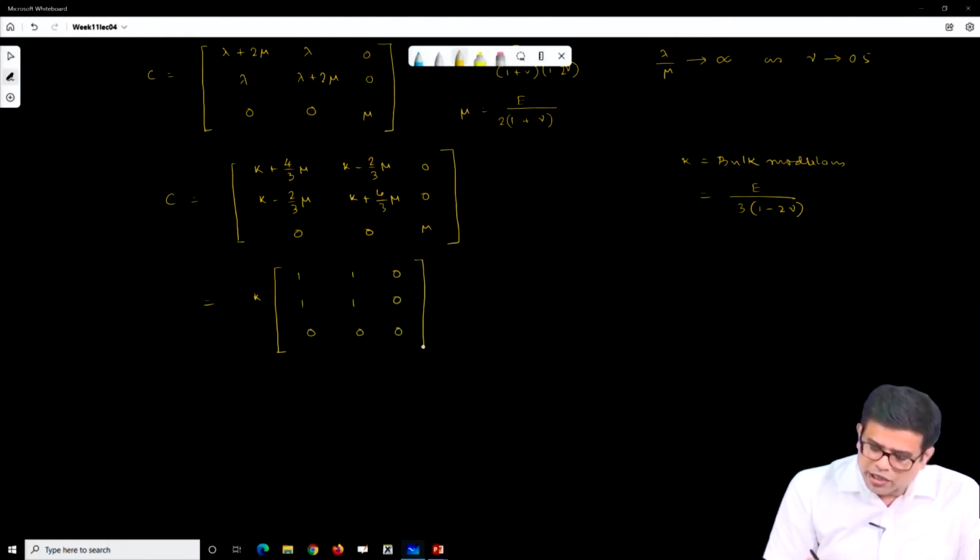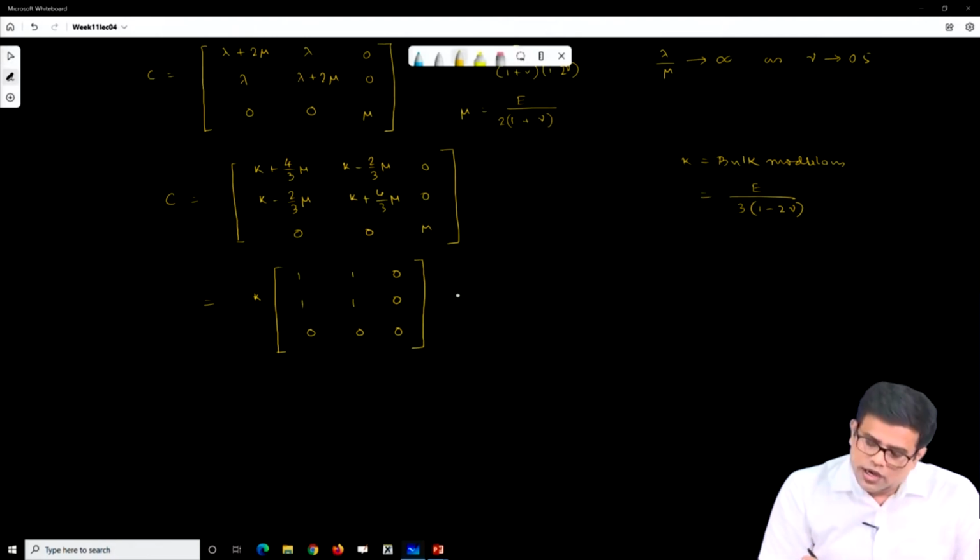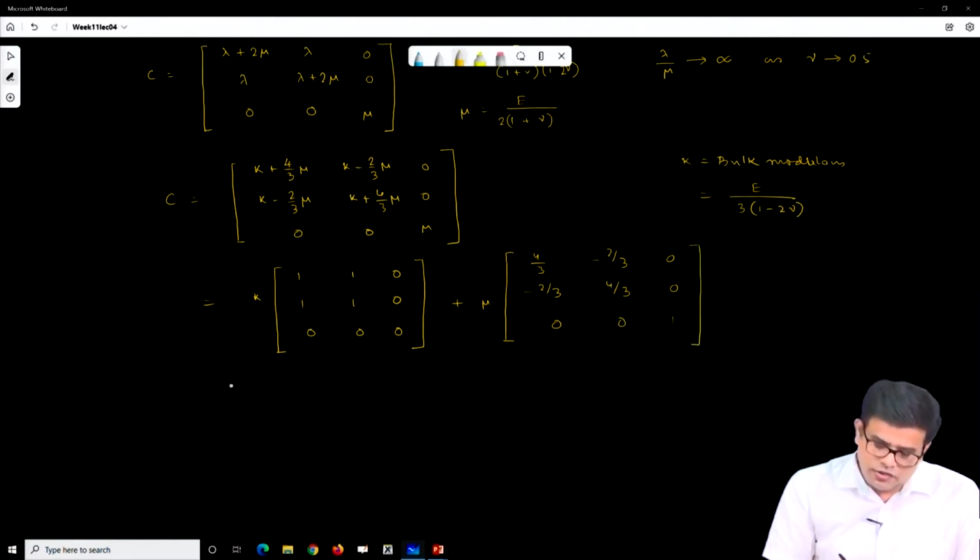This is my bulk modulus contribution, associated with the volumetric strain. Another is mu times 4/3, minus 2/3, minus 2/3, 4/3, and 0 0 1. So I can write this as K into C K plus mu into C mu.